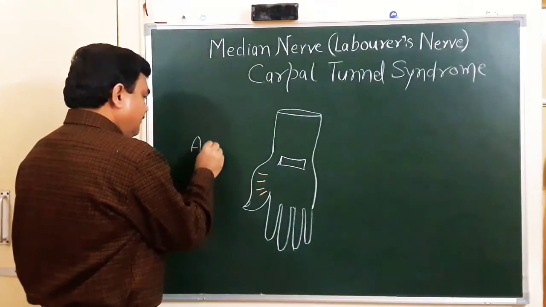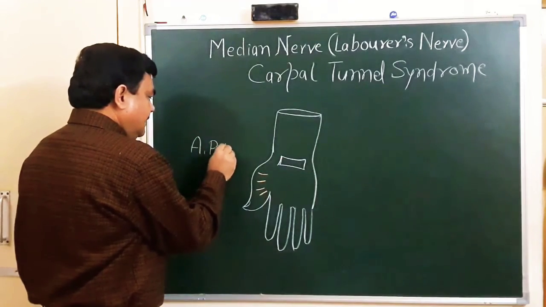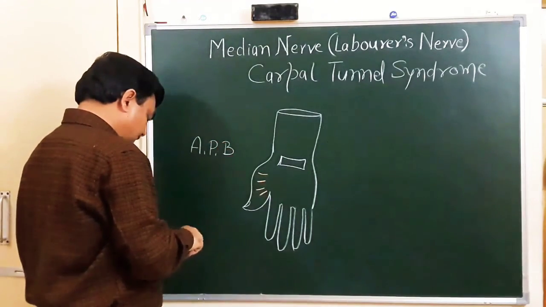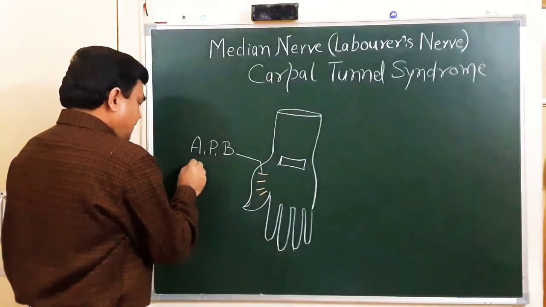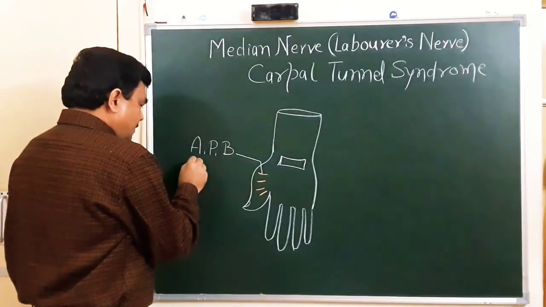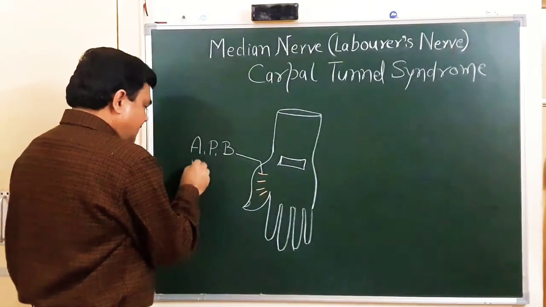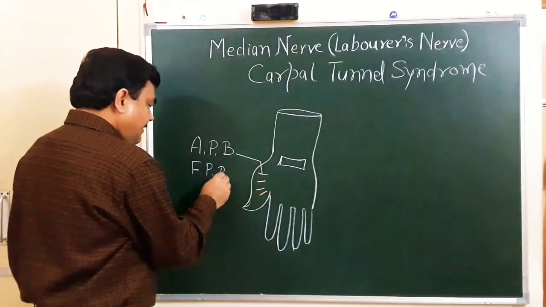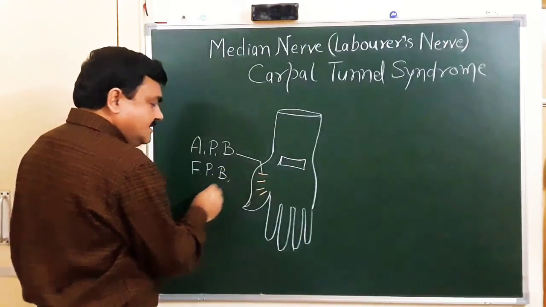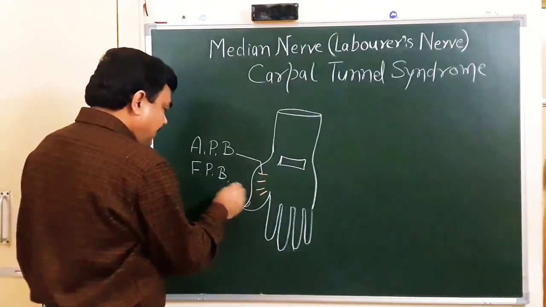abductor pollicis brevis. Suppose this is abductor pollicis brevis. Here is flexor pollicis brevis. It has 2 heads, superficial and deep head.